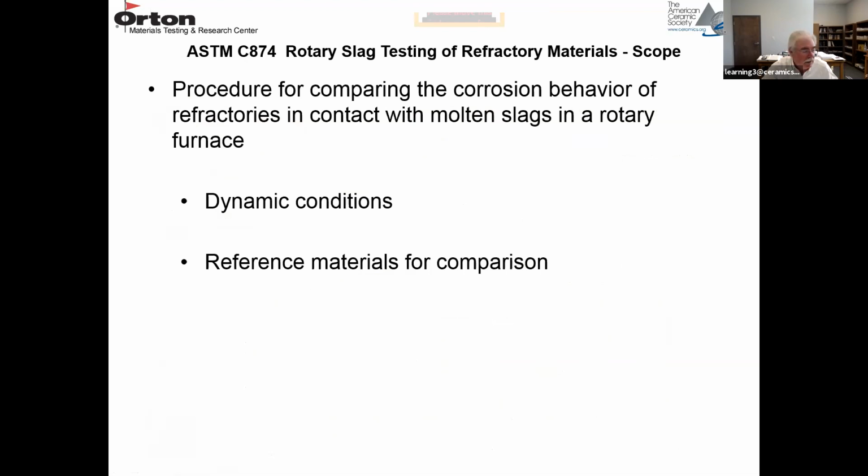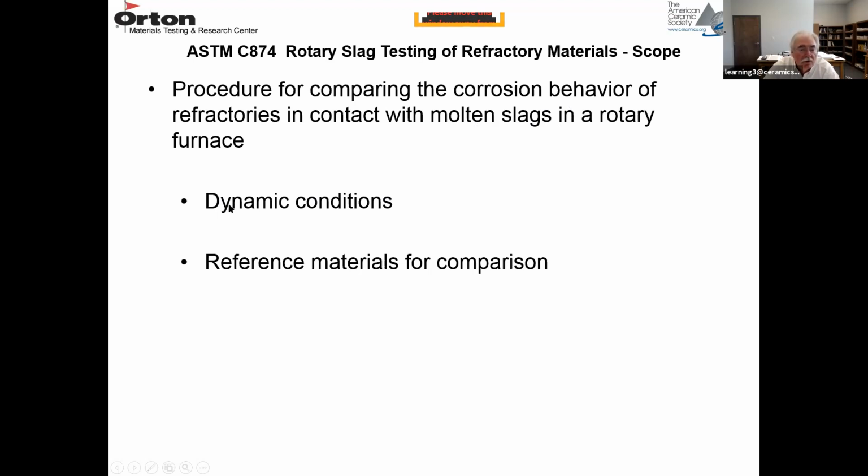The other test that's run a lot on refractory materials is a rotary slag test. It describes a procedure for comparing the corrosion behavior of different refractories in contact with the molten slag. This time it's in a rotary furnace. It's a dynamic test.